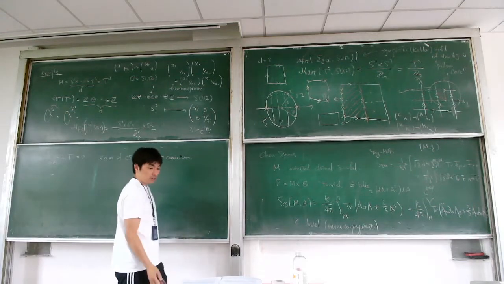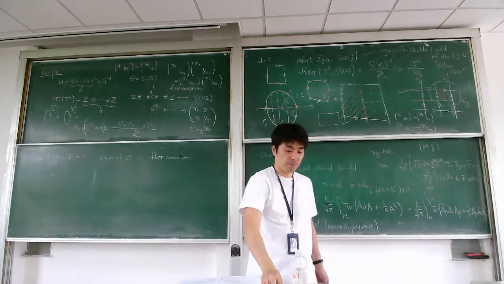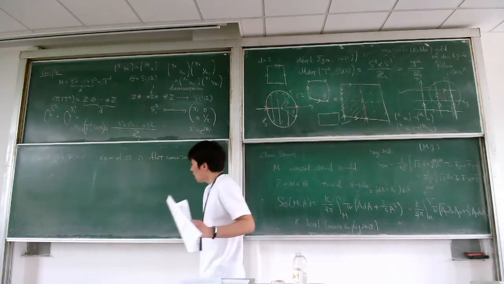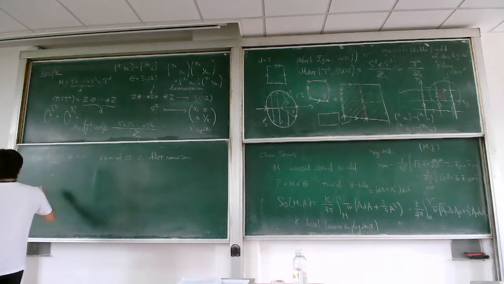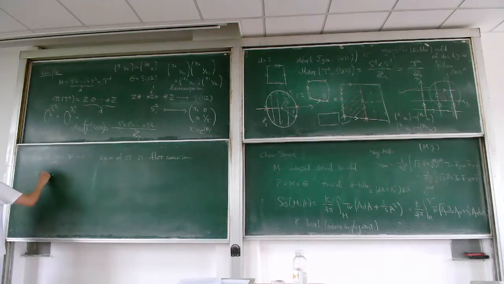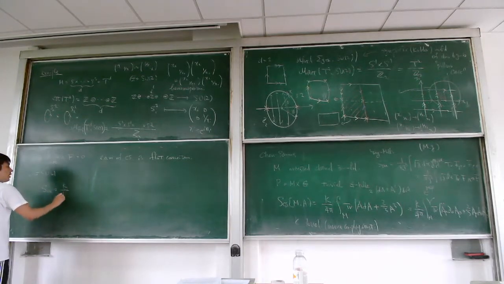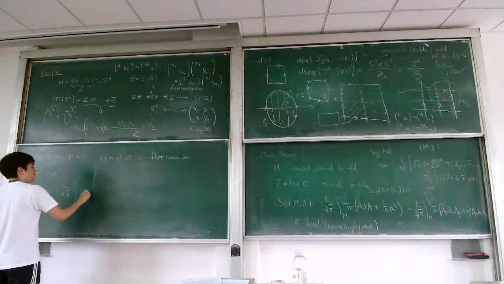Okay, let's look at the Abelian Chern-Simons. So let's consider G is U(1), then F is just dA, and the Chern-Simons action is k over 4 pi, and then A dA. That's it.